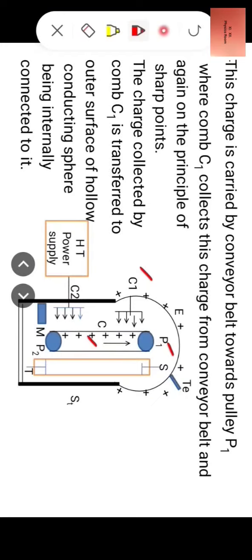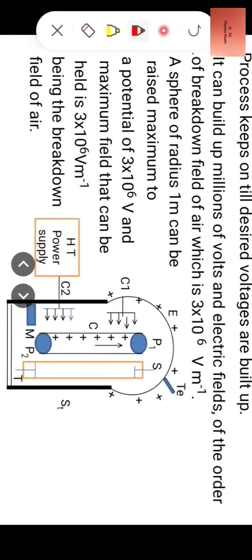The charge collected by comb C1 is transferred to the outer surface of the hollow conducting sphere, being internally connected to it. This process keeps on till desired voltages are built up.